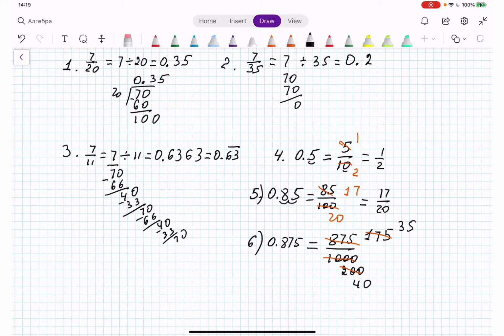One more time. See, you don't have to know upfront the biggest number you can divide by, so you can go slow. 35 by 5 is going to be 7, and 40 by 5 is going to be 8. So the answer is going to be 7 over 8.